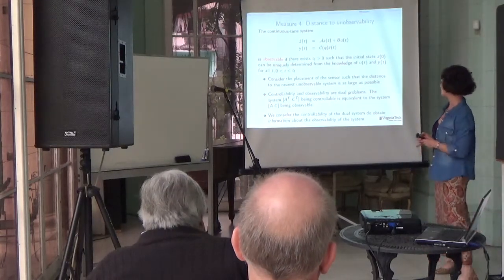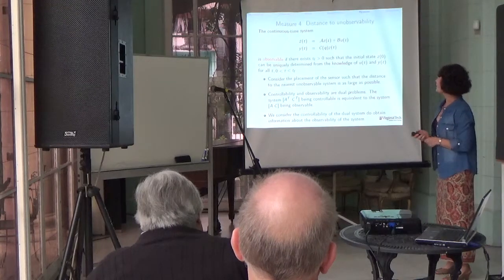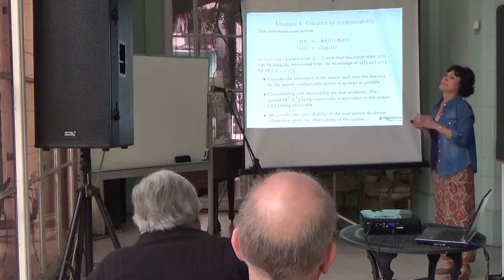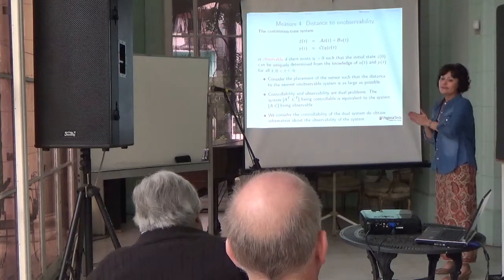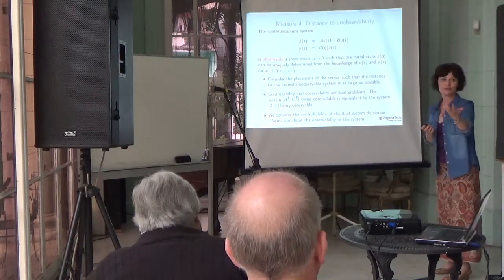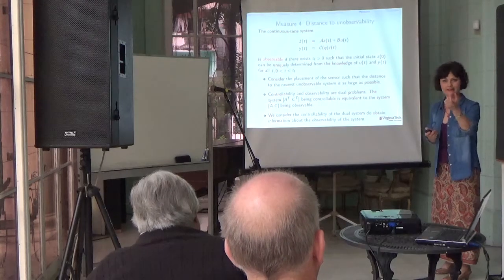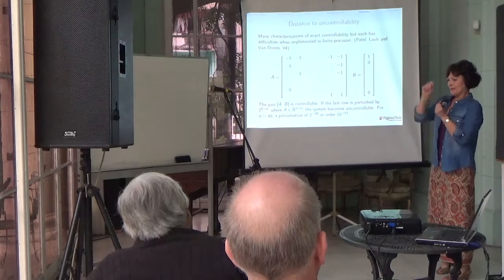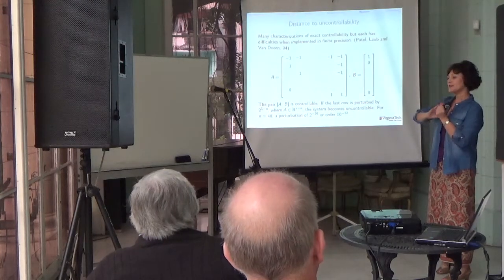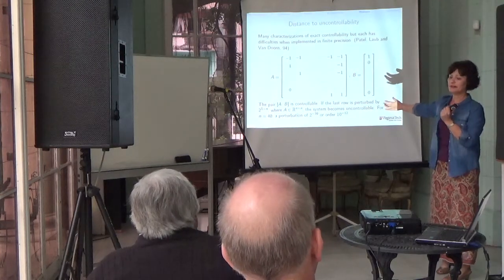So now I'm going to switch to that. What I want to calculate is how far the system is from an unobservable system. It's like a sensitivity that I have. And what we would like to calculate is a placement of the sensors so that the system is as far as possible from an unobservable system.